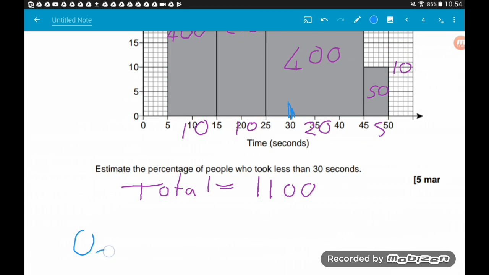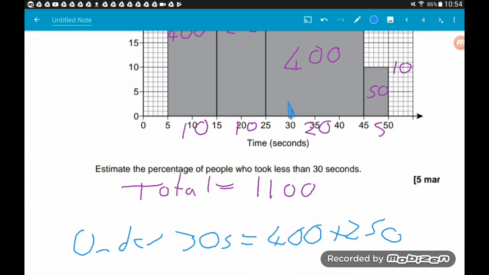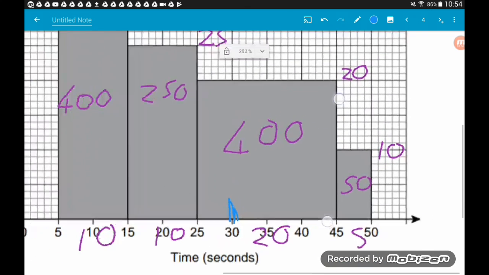So under 30 seconds, we're going to have that 400, and we're going to have the 250. But then from the third bar, see how ridiculously bad this is going to be if I draw a line. Not too bad by my standards. So we're taking this part of this third bar.